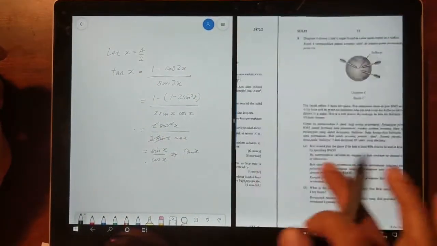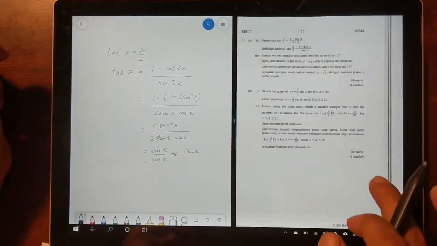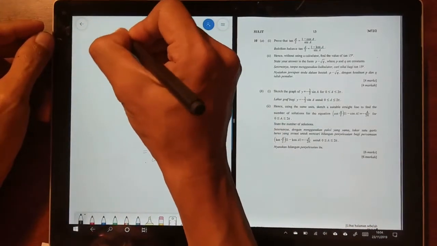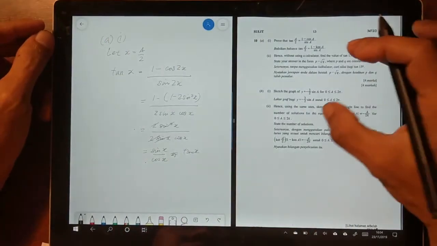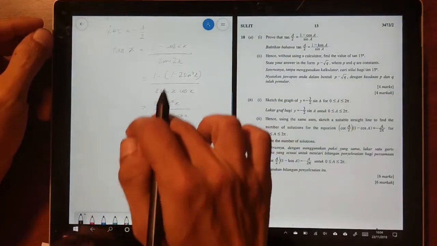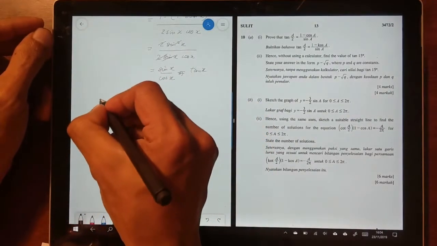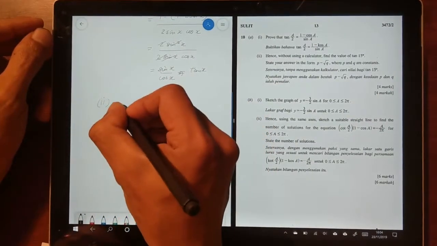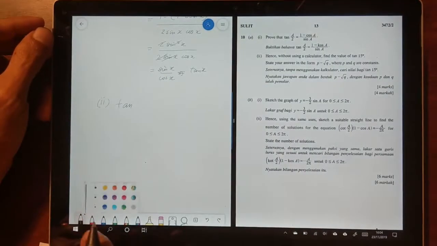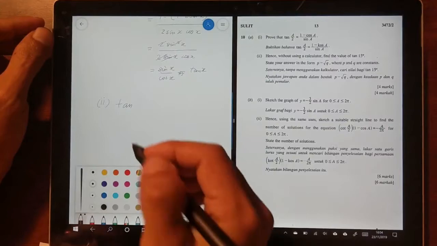Okay, let's go back to the question. So question 10, A1. Done. Hence, without using a calculator, find the value of tangent 15 degrees. That's easy. So A2. You're simply substituting. Let me give you a darker line.